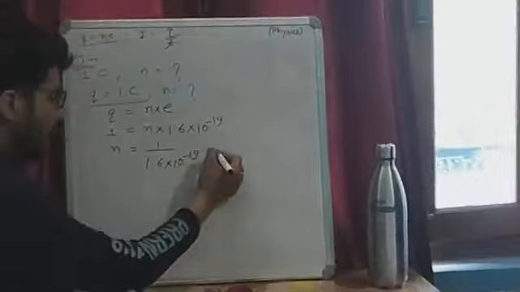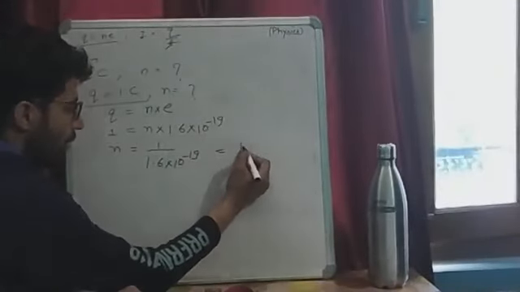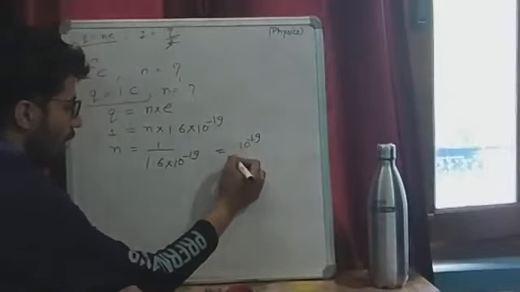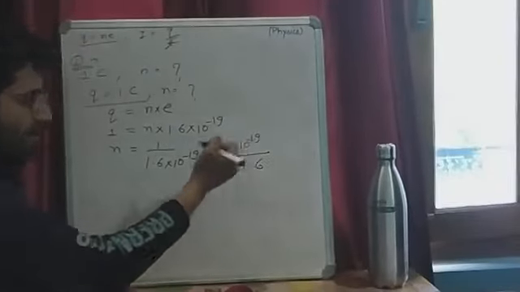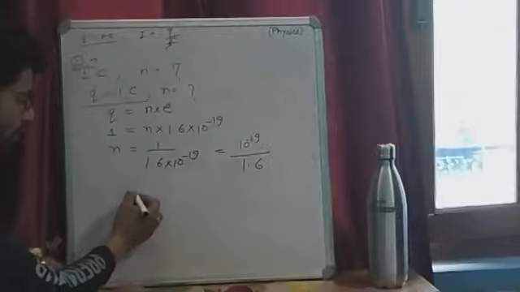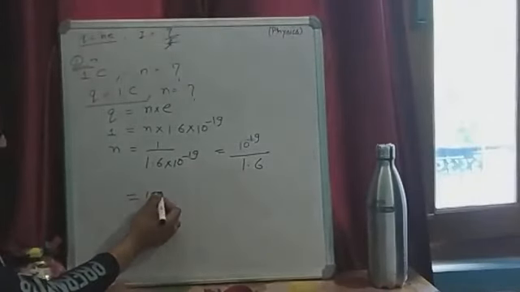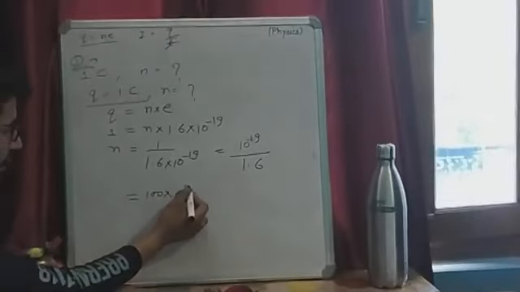Now I will solve this one. 10 to the power minus 19 will go up and it will become 10 to the power plus 19 upon 1.6. For solving this, I can write it as 100 times 10 to the power 17 upon 1.6.